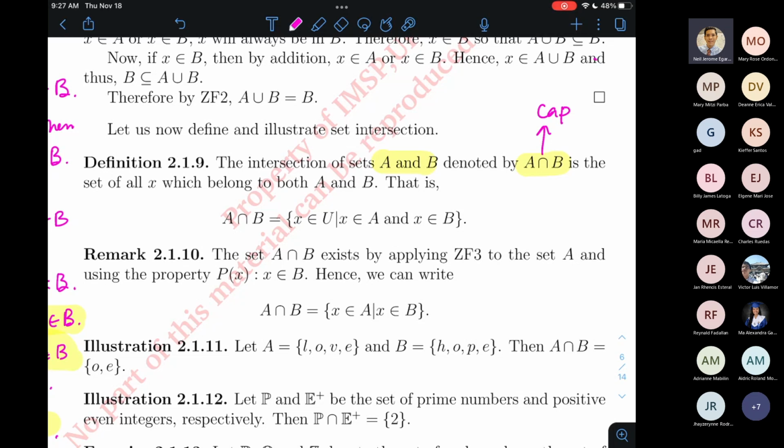Pero parang Lincoln hat siya or topside hat. So A intersection B is the set of all x's that belong to both A and B. So kung kanina sa union, ang connective ay or, sa intersection, ang connective ay and. So ibig sabihin, para maging miyembro ng intersection, dapat element ka ni A at element ka dapat ni B.